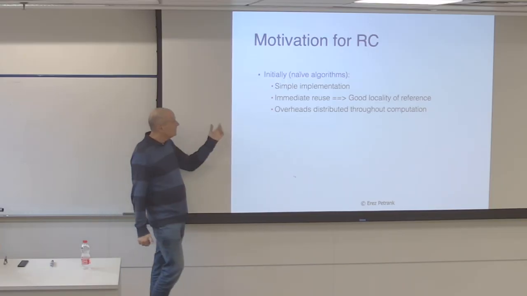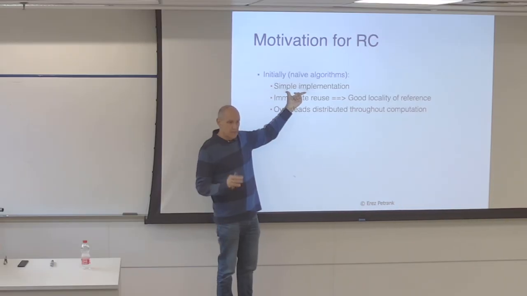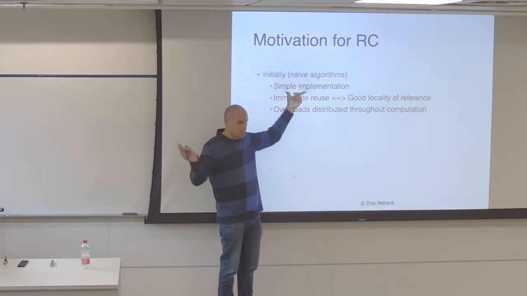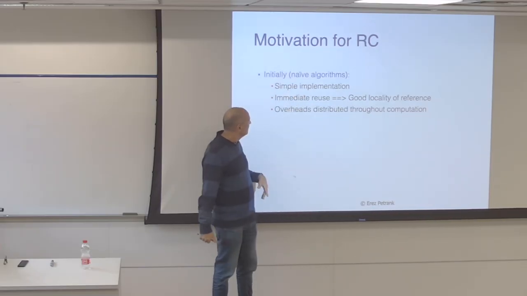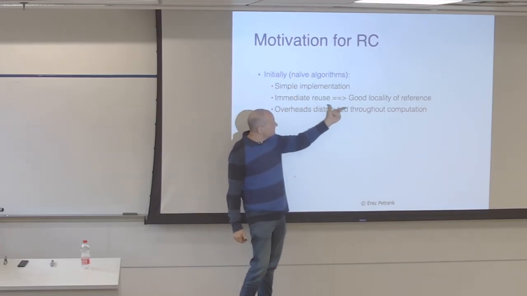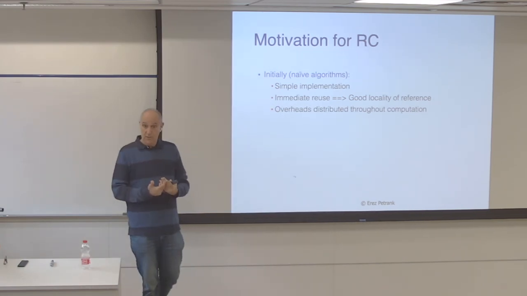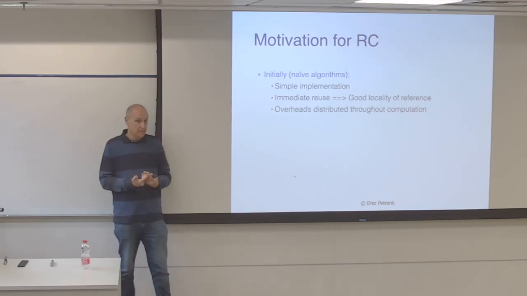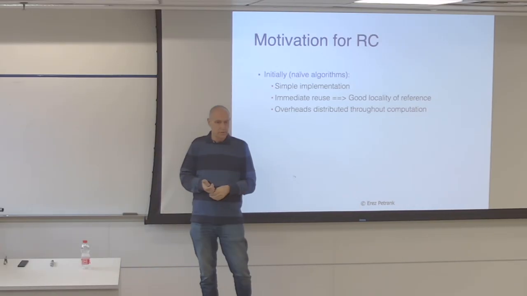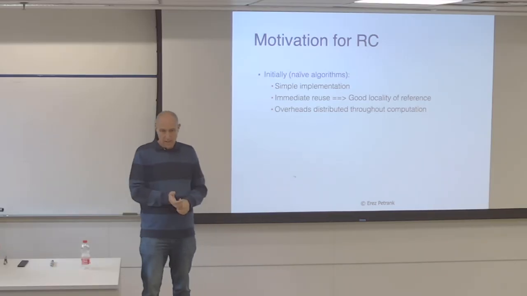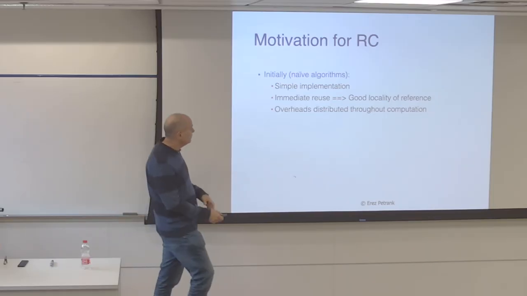Why is reference counting good? Initially, with the naive algorithm, it's a very simple implementation. You just have to increment, decrement, and reclaim whatever goes to 0. And there is immediate reuse, which is really good. If something becomes garbage, just when the pointer changes and it loses the last pointer, you reclaim it immediately, and if it's not in a cycle, you can use it again.